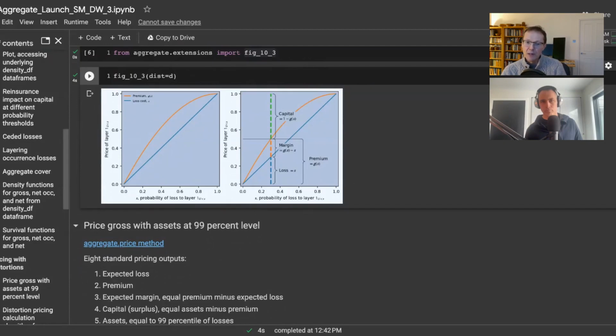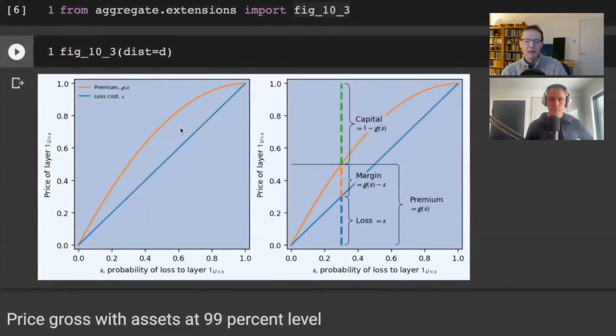And then the trick is that what we can do with these spectral risk measures is decompose a more complicated risk into a bunch of components like this and add them up, right? As long as you can price by individual layers, you can get all your statistics: you just add up the premiums, the losses and what have you, and you get a view for a more complicated risk. So in my world that I was mentioning earlier, the premium is the orange line, g(s), right?